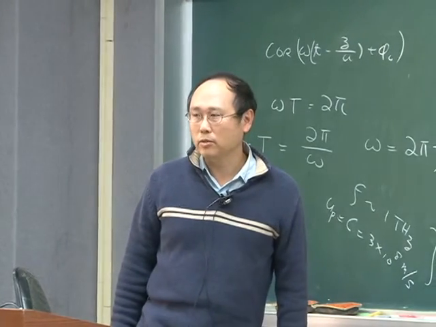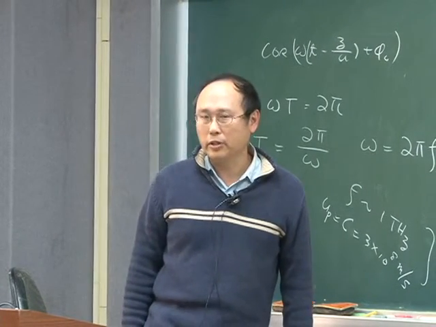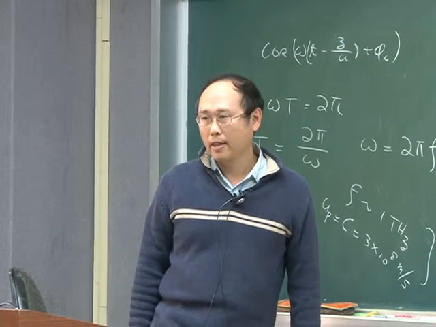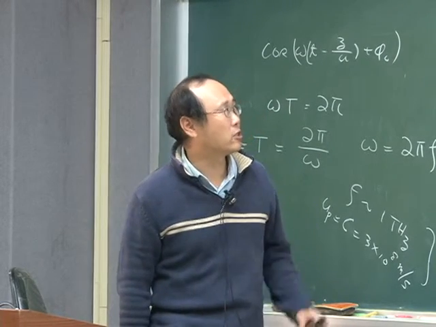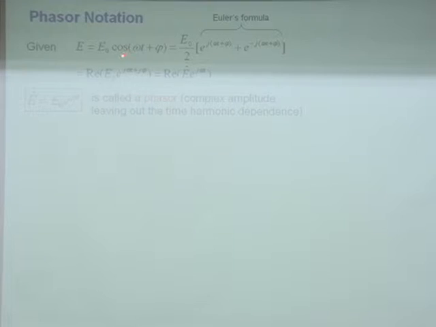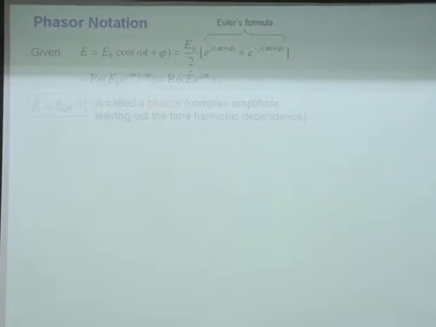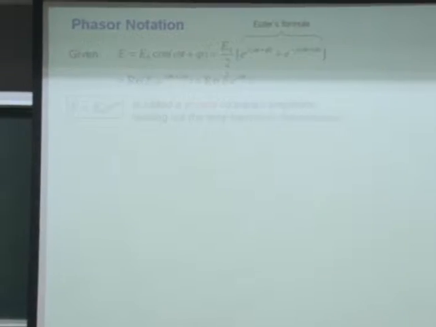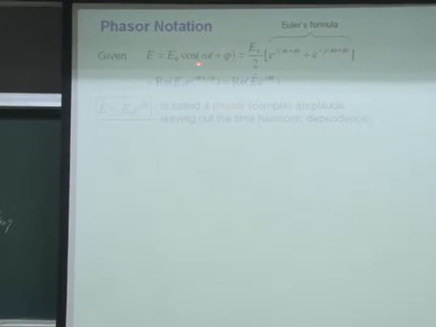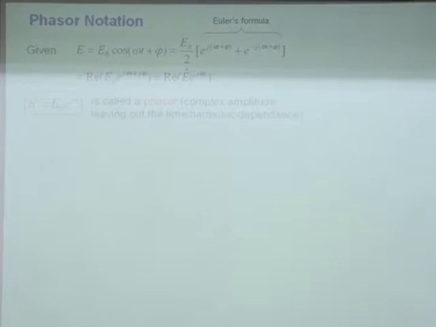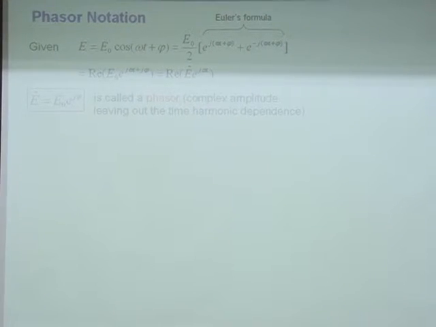Okay, I told you that we're going to deal with harmonic waves. And a harmonic wave basically is described by sine and cosine, a sinusoidal expression. And this sinusoidal expression can be converted into complex numbers according to Euler's formula.